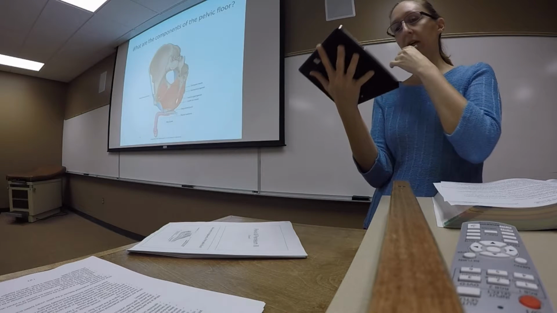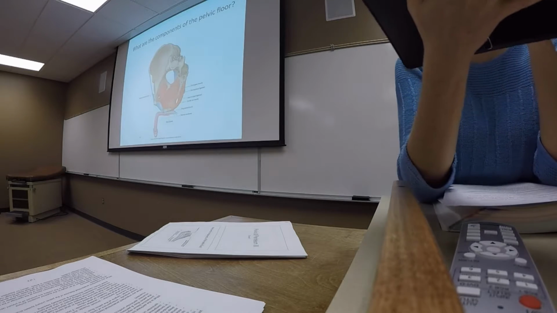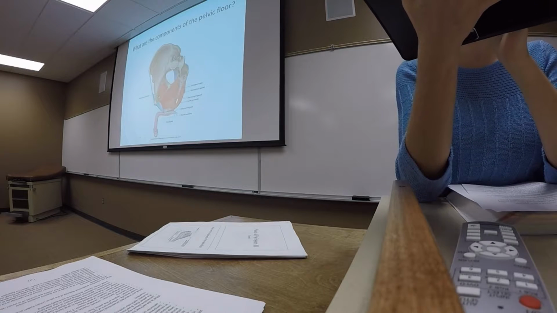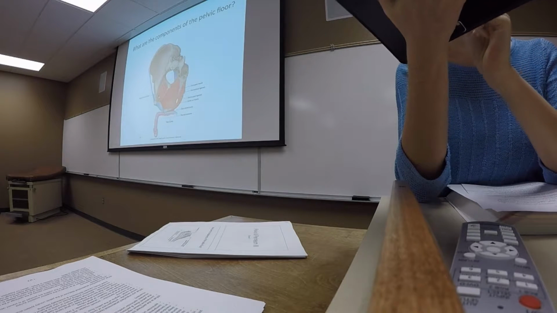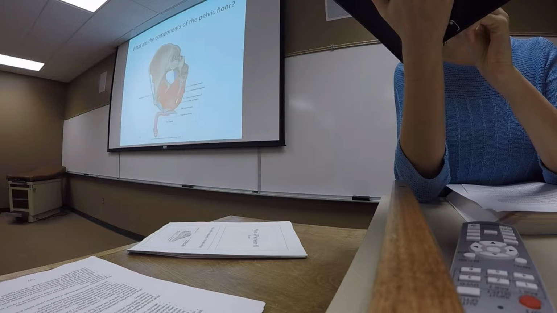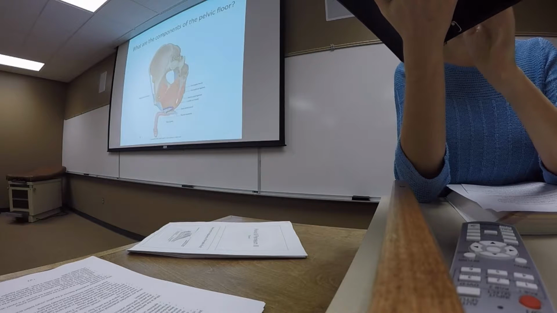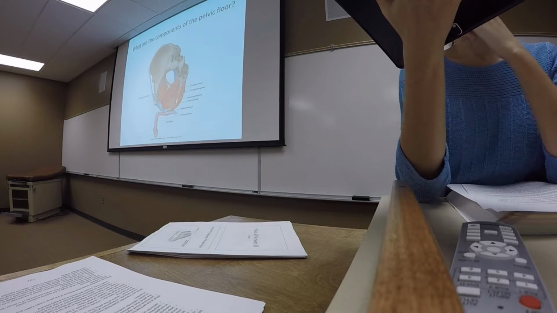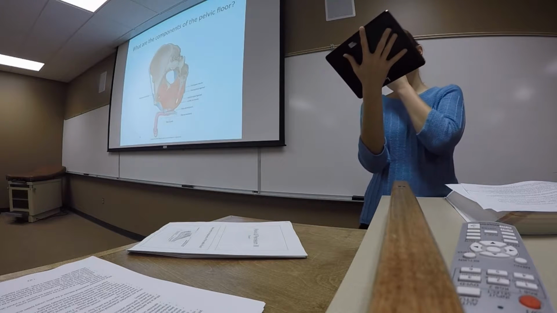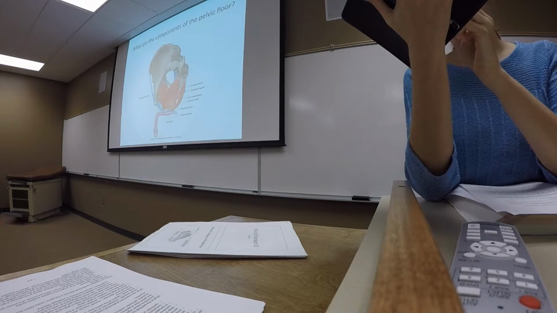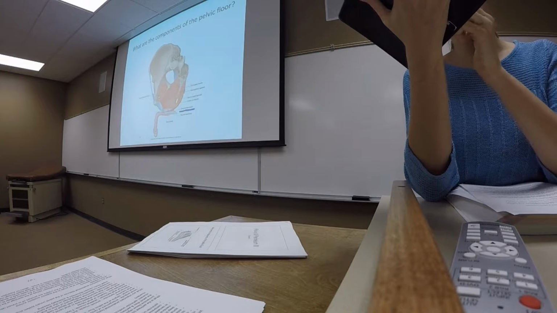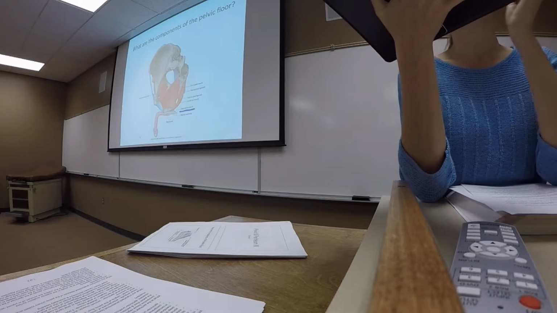So, to kind of put it in perspective, here are the two structures together. So we've got the pelvic diaphragm sitting on top, and you see here attachment at the urogenital hiatus there. And then here we see the deep perineal pouch. So this kind of puts it all together.